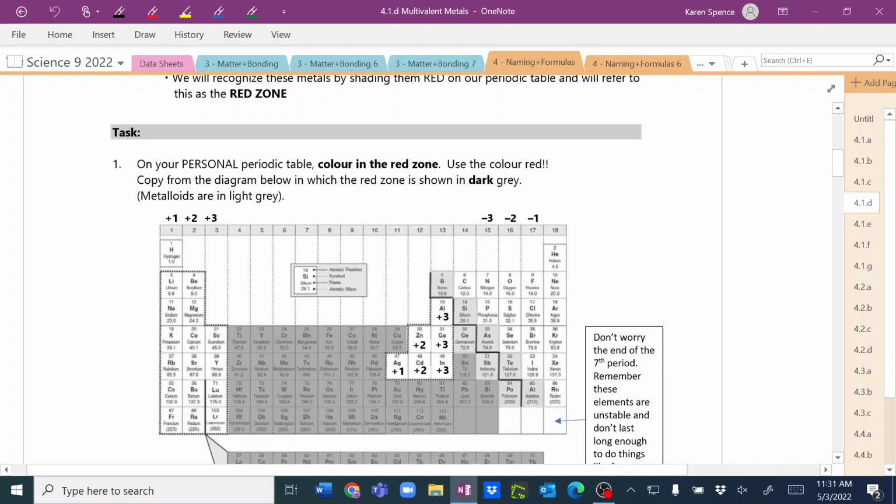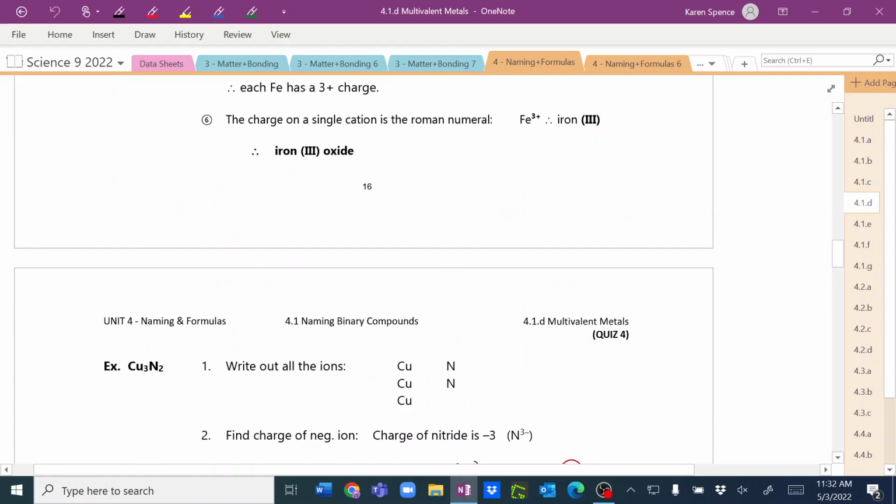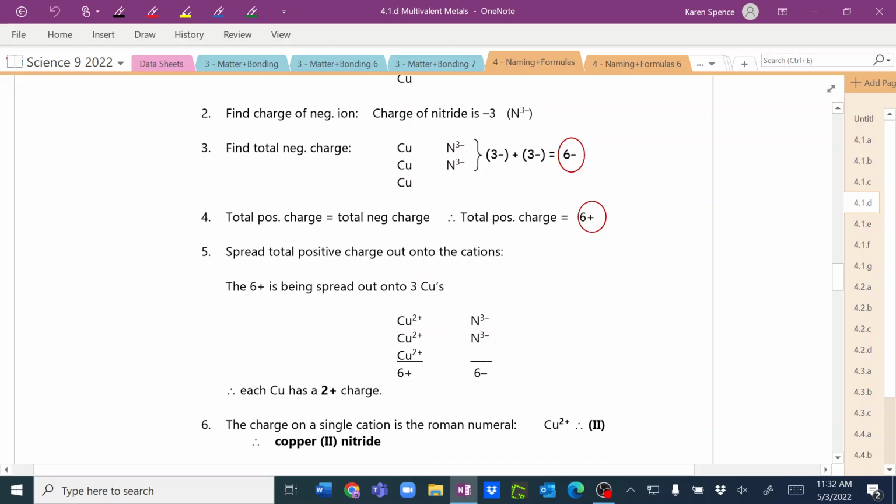So if you come on over here. Find 2B. Nice one.